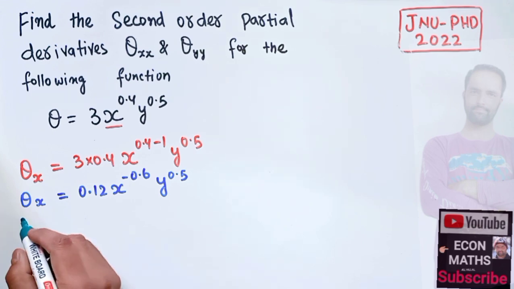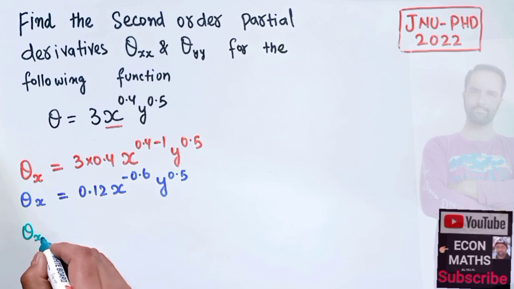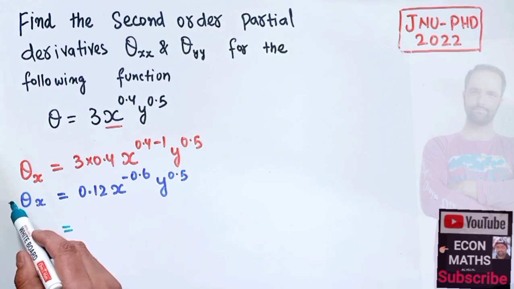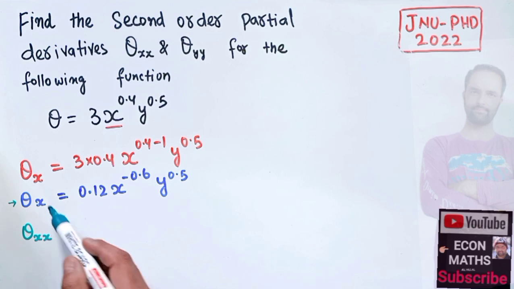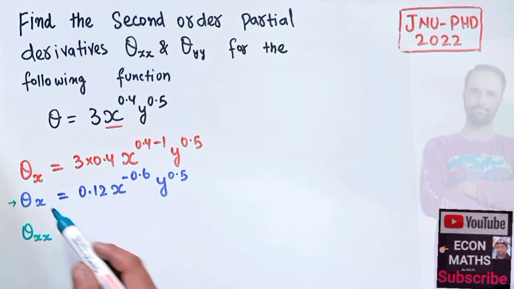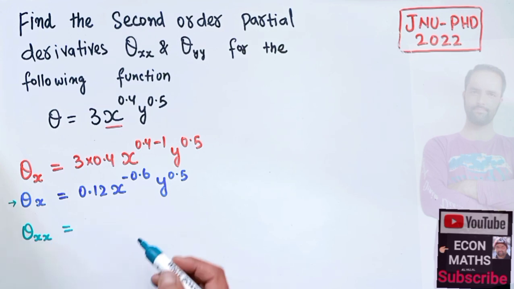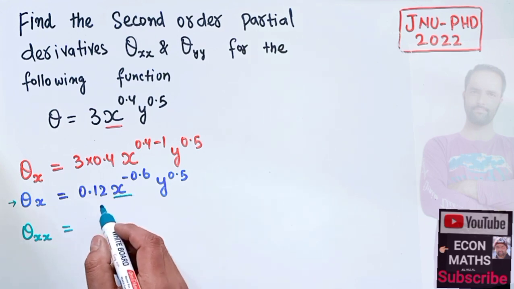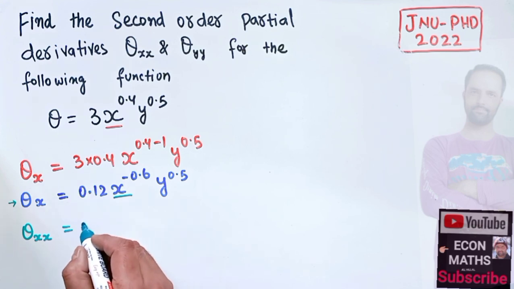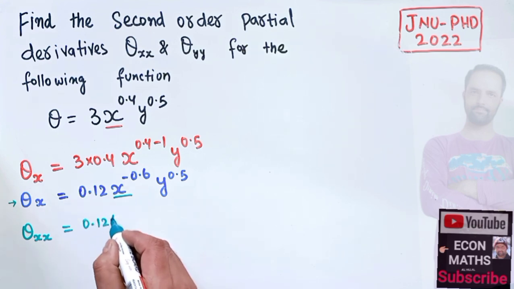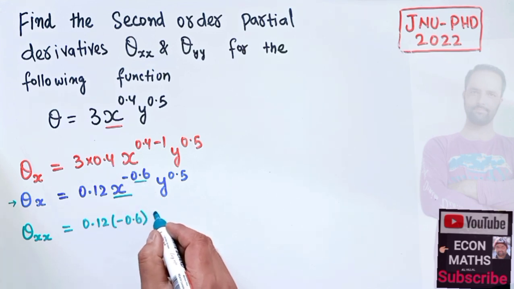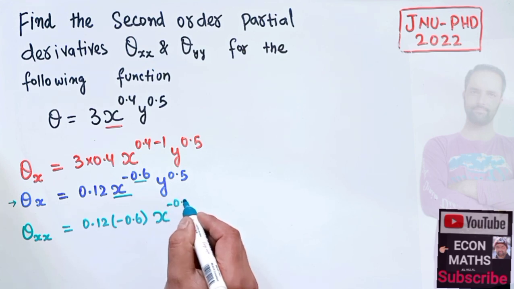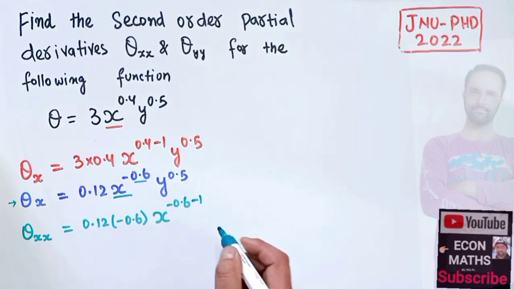Now taking second partial derivative, that means q subscript xx, second order partial derivative means to differentiate the first order partial derivative again with respect to x. Okay, this is our first order partial derivative with respect to x, again differentiating it with respect to x. So here we have x, the exponent will become coefficient, so we have 0.12 times minus 0.6, the exponent here. We have x to the power minus 0.6 and exponent is subtracted by 1 by power function rule.